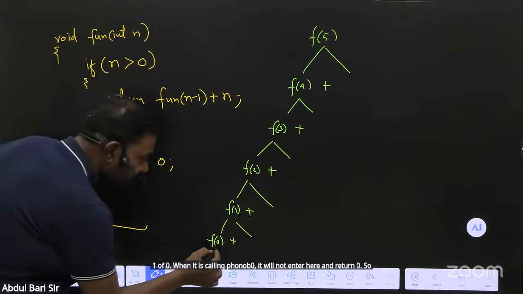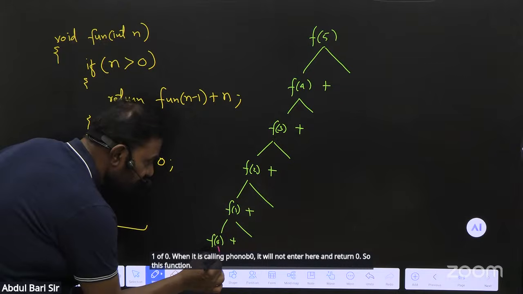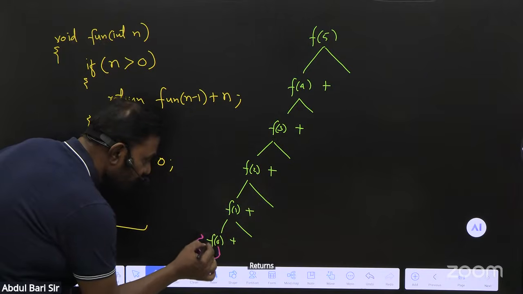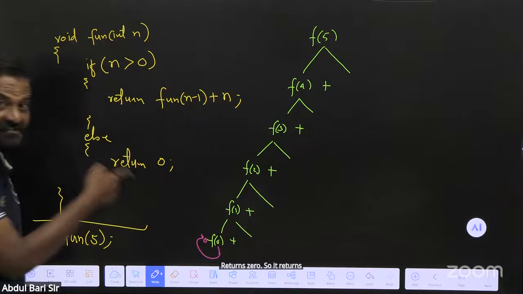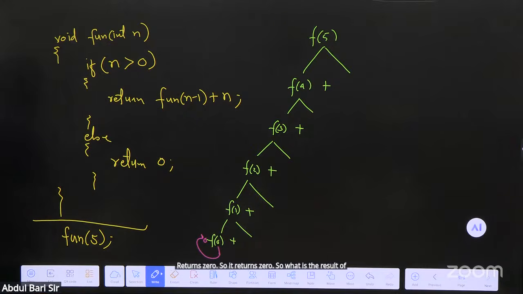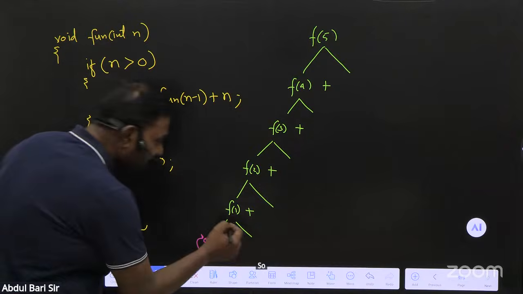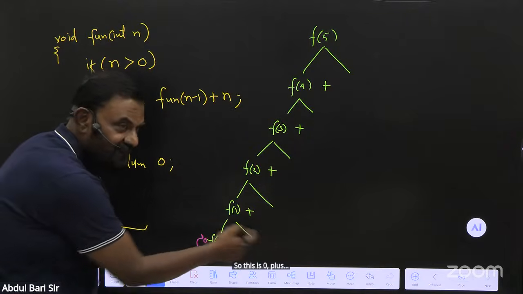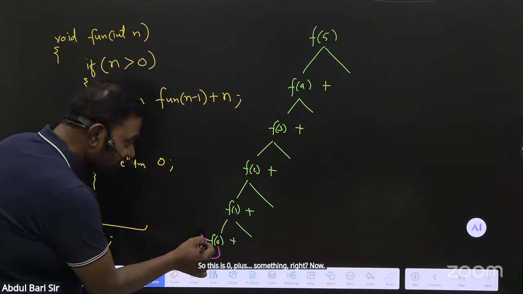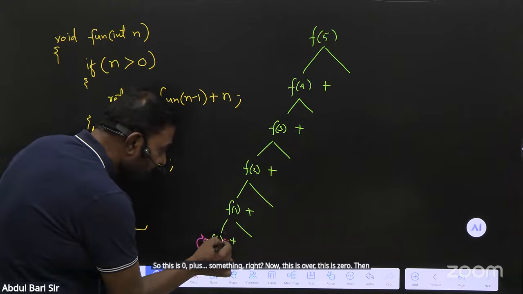So this function returns 0. So what is the result of fun of 0? When a function is returning something, its own result is that one. Its own value is that one. So this is 0 plus something, right? Now this is over. This is 0. Then plus the result of this is 0.